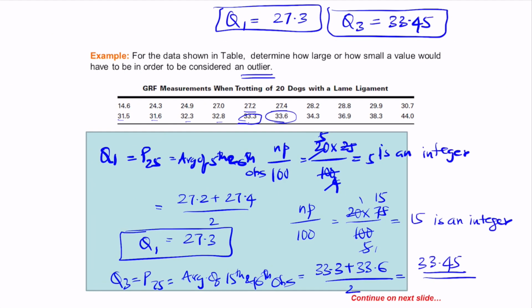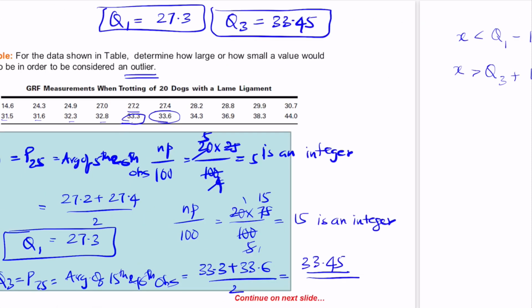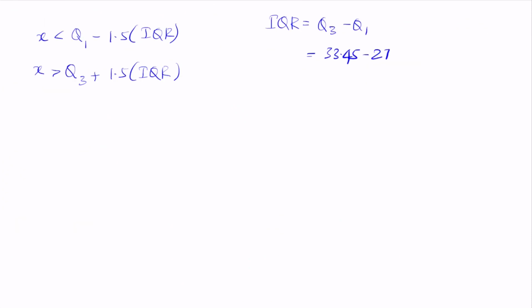So what is the value of Q3? Q3 is 33.45 minus 27.3. That gives you a value of 6.15, so that is the IQR. Now let's take the first observation into consideration. So x less than Q1, which is 27.3, minus 1.5 times IQR, which is 6.15.